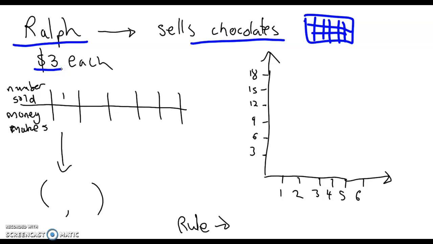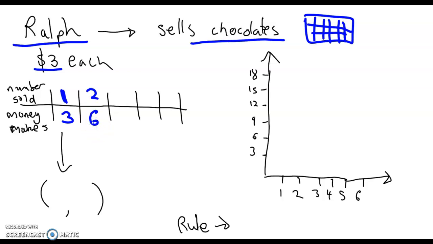And these chocolates, aside from being delicious, earned him $3 per one that he sold. So if he sold one chocolate, he'd make $3. If he sold 2, then he would make 3 plus 3, which would make $6.